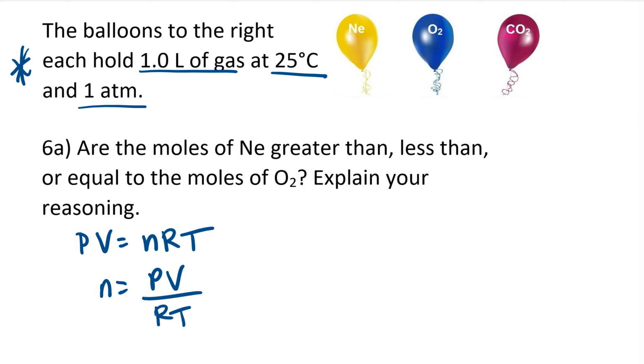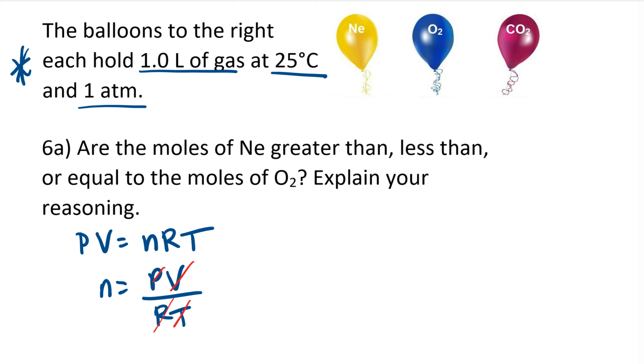I would plug in the pressure, the volume, the R, and the T, and do that for neon, and then again for oxygen. But since the neon and the oxygen have the same pressure, the same temperature, the same volume, and obviously we use the same R for everything, aren't we going to get the same answer for n?